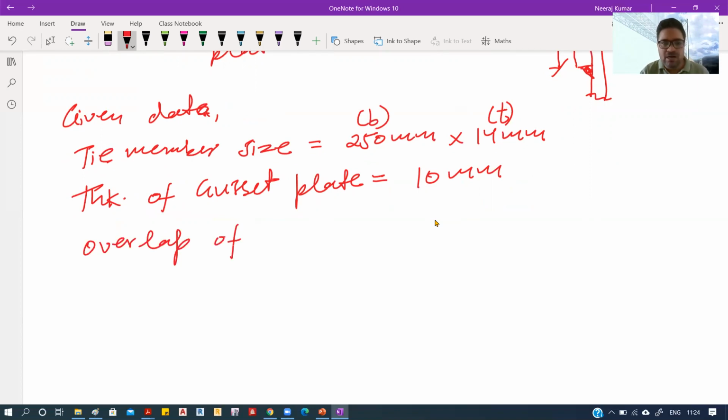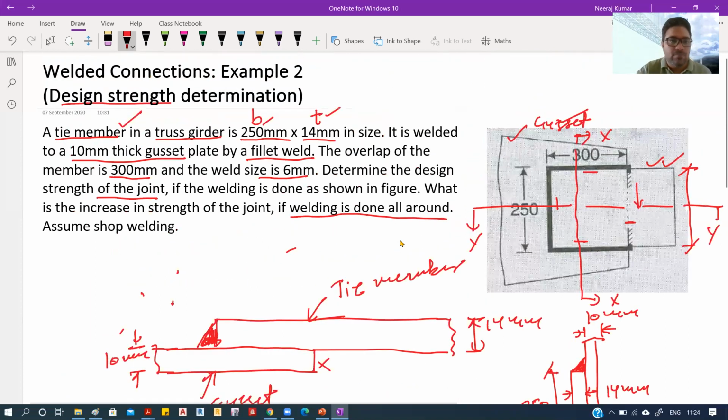So both members are overlapped. Gusset plate and tie member are overlapped, and the overlap of member is 300 mm. I'm talking about this. So there you can see overlap is given, and I'm talking about this overlap. So this overlap is 300 mm.